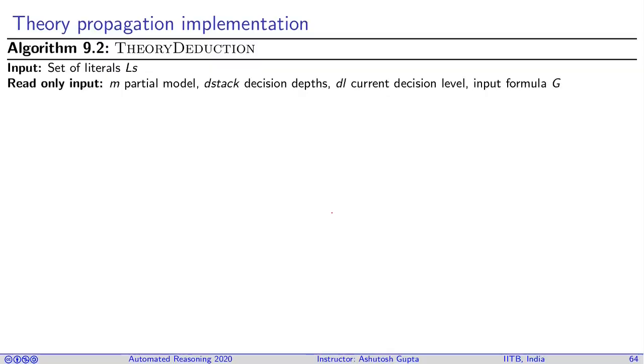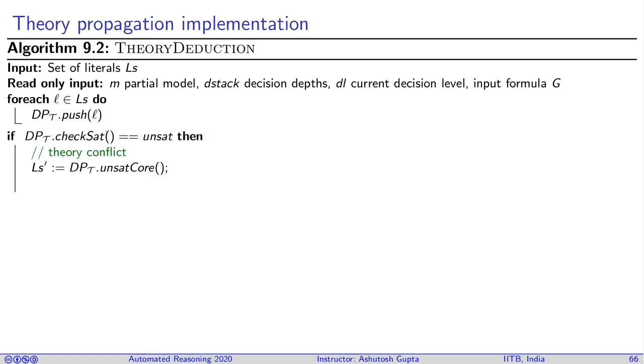Now let us see how we can implement theory deduction using a decision procedure for some given theory. The theory deduction, as we have seen, takes a set of literals as input, and also reads a partial model, the decision stack, the decision level, and the input formula. What it does is first push each literal of ls into DP, and once it has pushed all of them in, it can query whether the set is unsatisfiable.